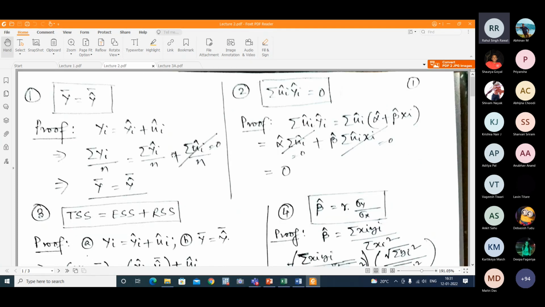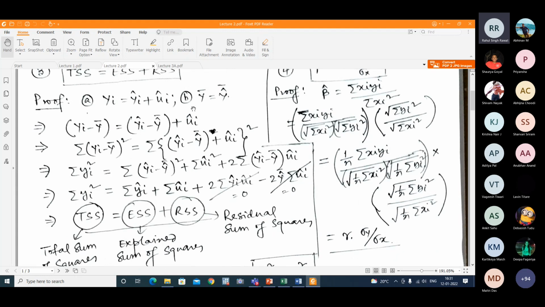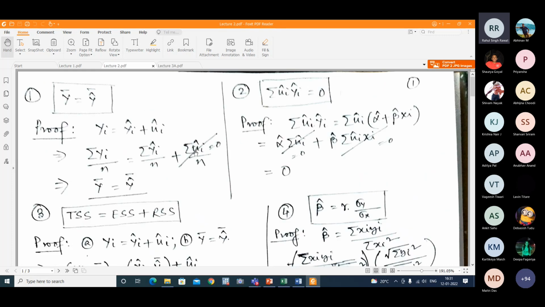So if I don't have summation of u hat i equal to 0, I cannot write y bar is equal to y hat bar. Second, if u hat i is not equal to 0, means if I don't have intercept, then I cannot have this, because summation of u hat i, y hat i is equal to 0 is also based on the property that summation of u hat i is equal to 0.